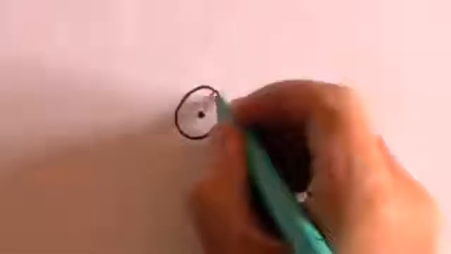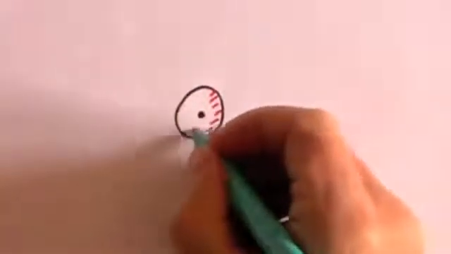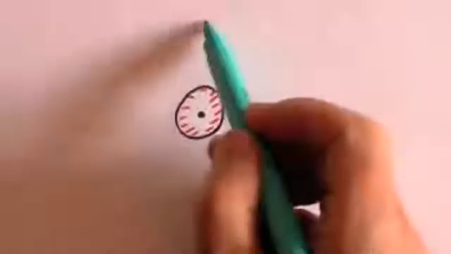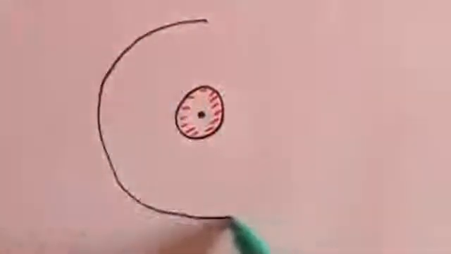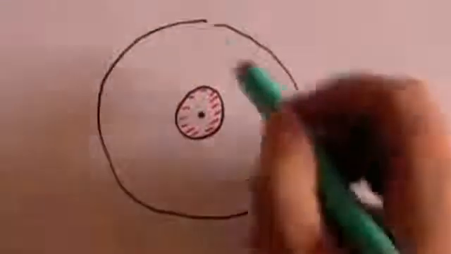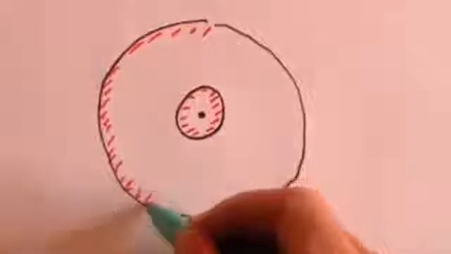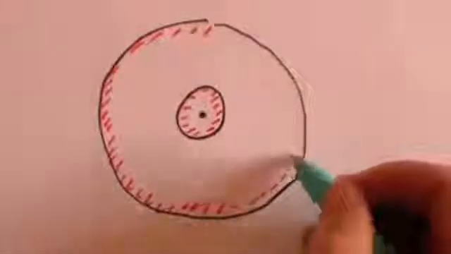You've got to be somewhere in this shaded region here if you want to scatter through a large angle. If on the other hand you're content to scatter only through a small angle, you've got a much larger target to aim for. To scatter through a small angle, you have to be much further away from the nucleus, so you've got to be somewhere in the shaded region here.